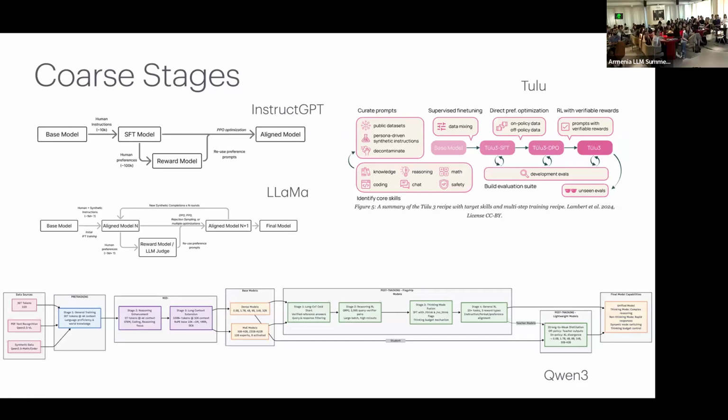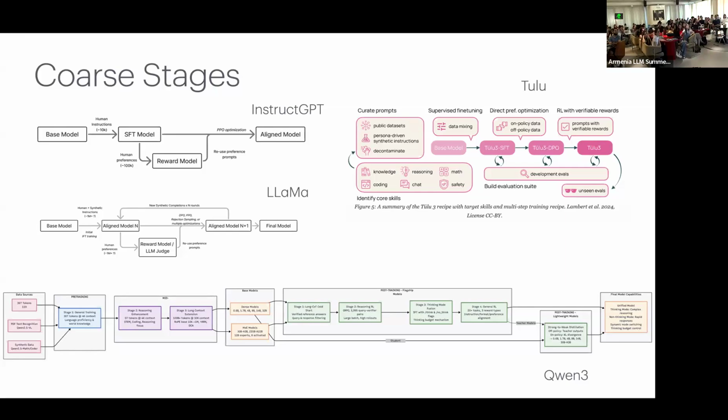That's your aligned model. And then we slowly saw more and more complicated pipelines being developed. So we saw that Llama started having more complex forms of preference optimization, both SFT based and RL based. Tulu, which is from OpenAI, they have multiple stages now of on policy and off policy RL optimization.